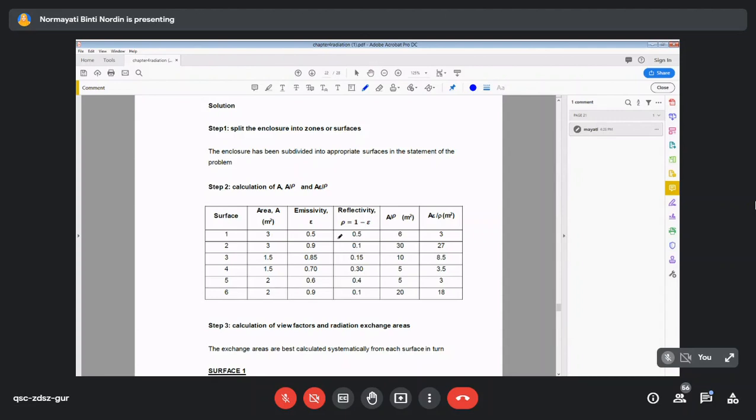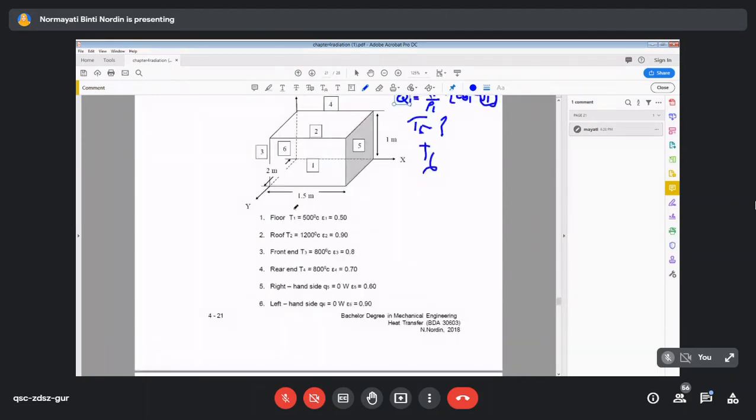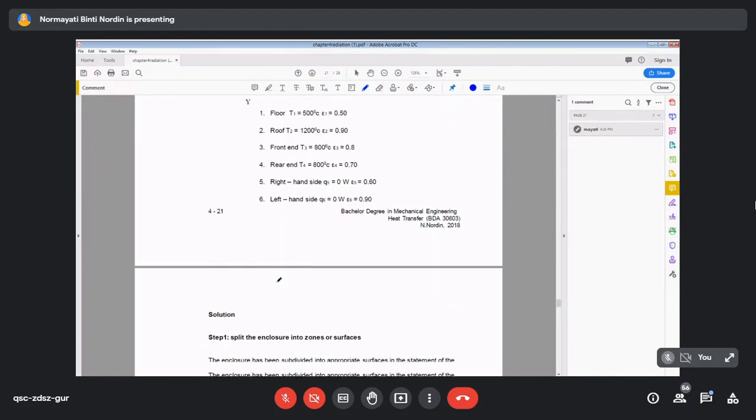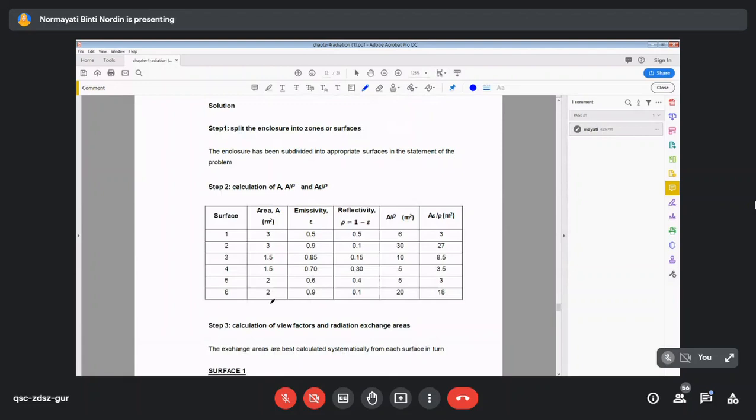I won't do it hands-on, but I hope you can follow my explanation. For all the surfaces you have split, you calculate the area, you know the emissivity, and you can calculate the reflectivity, which is equal to 1 minus emissivity.